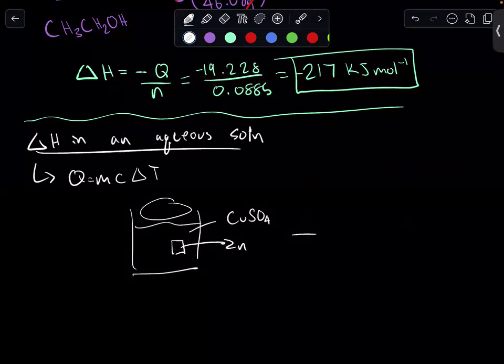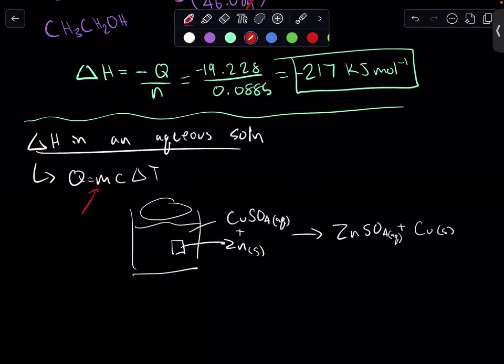And this ends up reacting to produce zinc sulfate and copper. What's going to happen to our solution? What's going to happen to the change in temperature? And how do we use Q equals mc delta T?